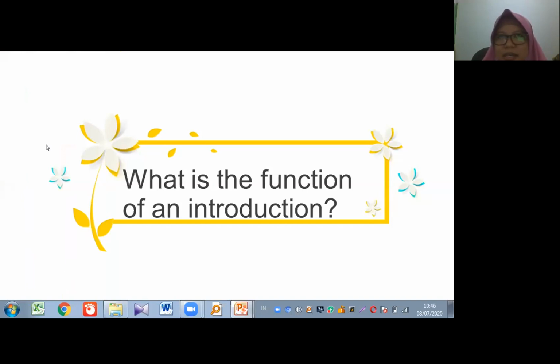Okay. So let me focus on what the functions of an introduction are, based on our perspective in the thesis or dissertation. The function of an introduction is to give an overview for the reader, so the reader can see what we are going to discuss in the next chapters, such as chapter 2, chapter 3, chapter 4, and the last one, the summary.